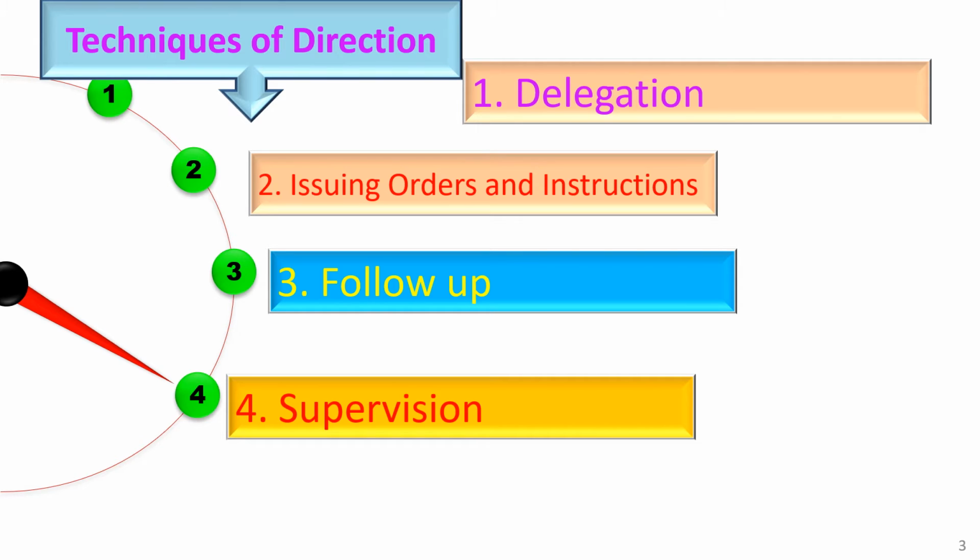Next point is issuing orders and instructions. For achieving organizational objectives, it is necessary to issue orders and instructions to the subordinates so they can work efficiently and effectively. Management is getting things done from others, and issuing orders and instructions is necessary. The manager should give instructions that are clear and complete.